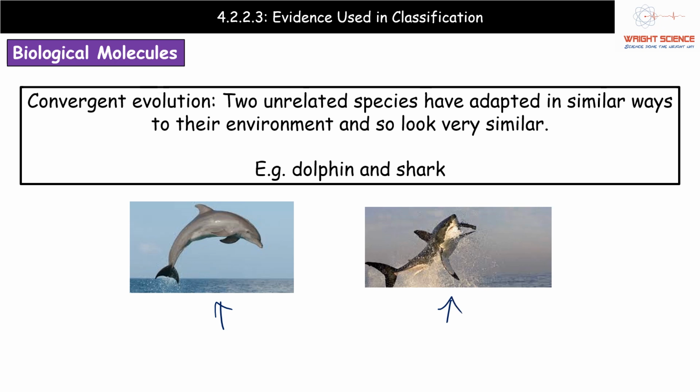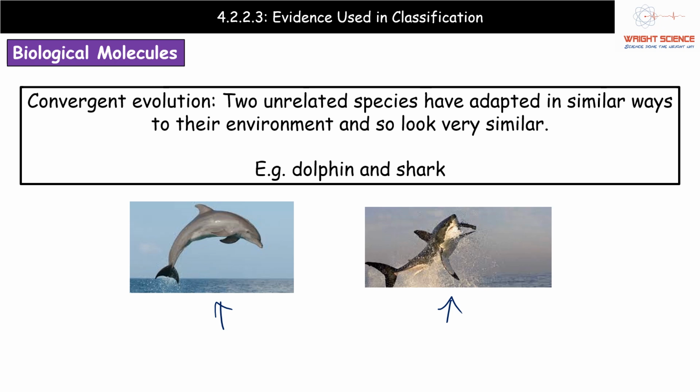Now, if you imagine that you knew nothing about life here on Earth, and we just gave you these 2 images, you would look at them and think, well, they're pretty closely related. Because if you look at them, they've got very similar body shapes, they've got fins, they live in water, etc. So they've got a lot of these features that we can see that suggest that they're actually very similar, and therefore you might think they're closely related.